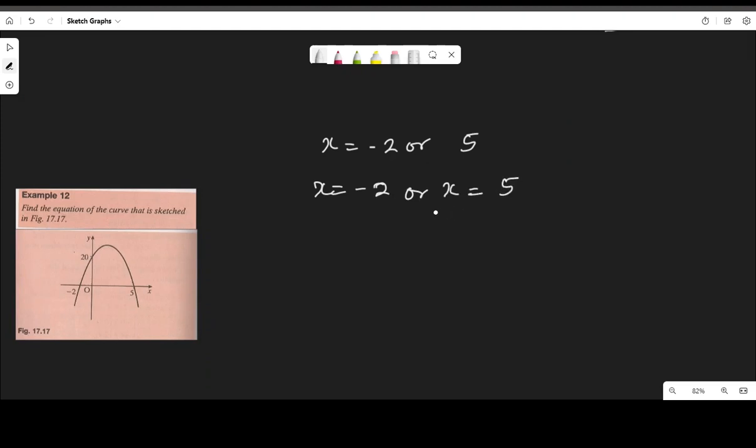We can form a quadratic equation from this by taking x, when this negative 2 crosses the equality, it becomes positive 2. Then when this 5 crosses equality, it becomes negative 5. Now we open up this bracket, that is to expand it: x times x is x squared, x times negative 5 is negative 5x, 2 times x is 2x, 2 times negative 5 is negative 10.